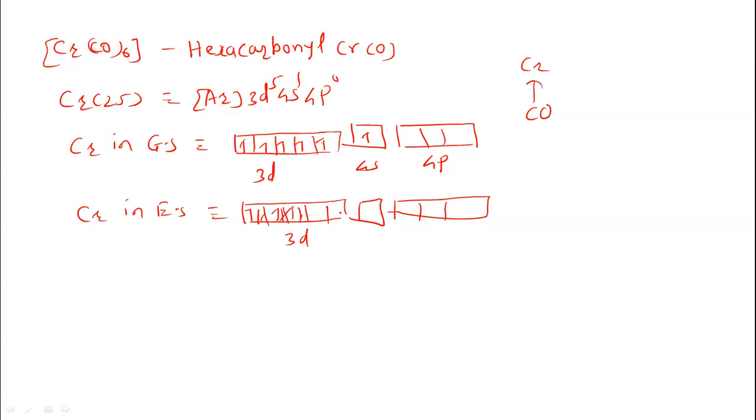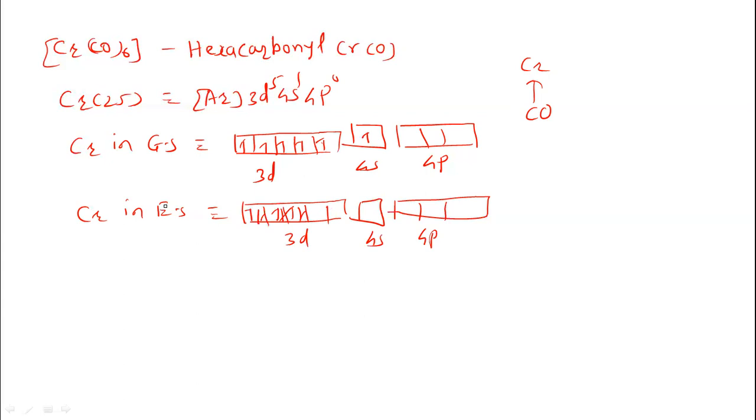Now 2 d orbitals are vacant, 1 s orbital and 3 p orbitals are vacant. In these vacant orbitals, the carbonyl ligand donates its electrons, and those electrons can be placed in the vacant orbitals.